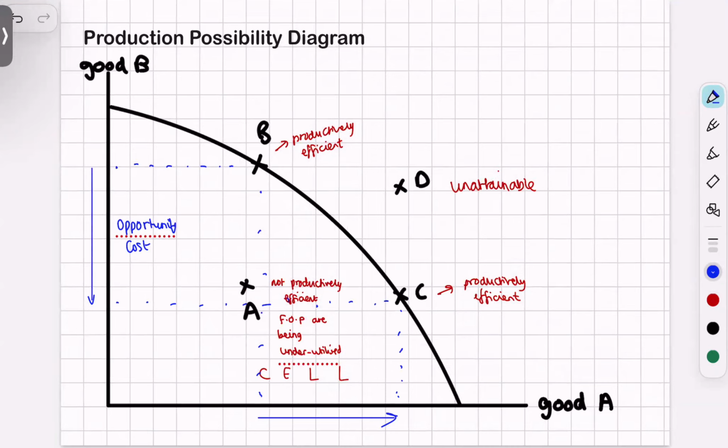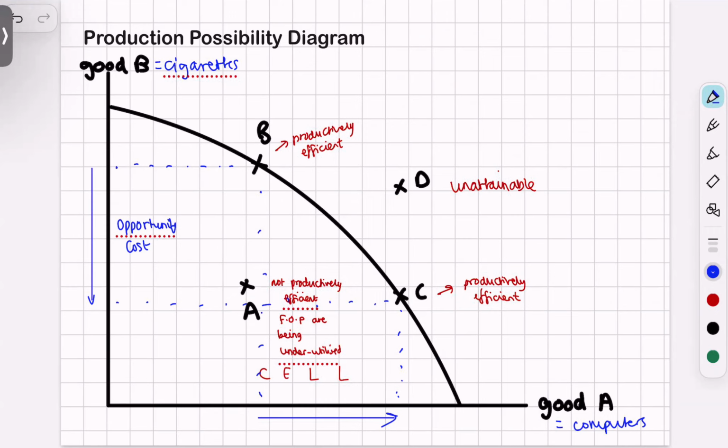Okay? And finally, if good B was cigarettes and good A was computers, do you agree that C is most likely to be more allocatively efficient than point B? Yeah.